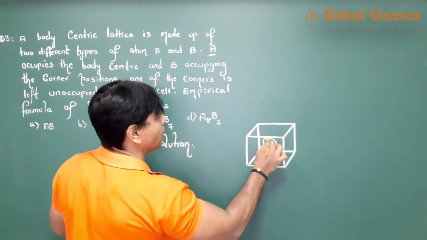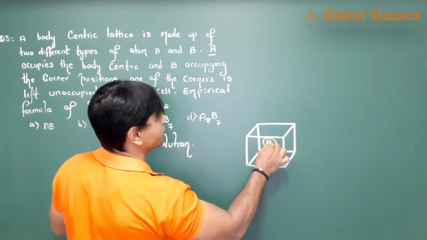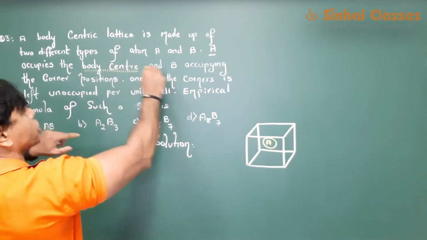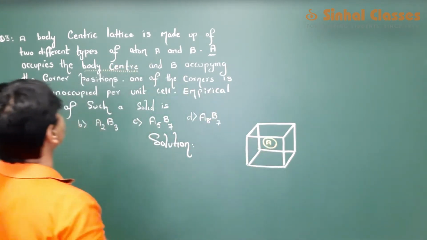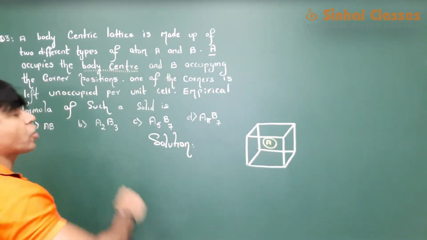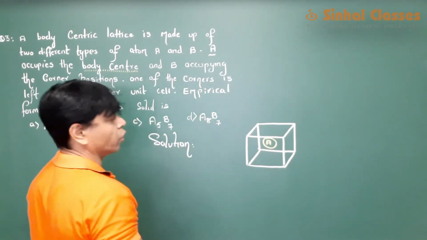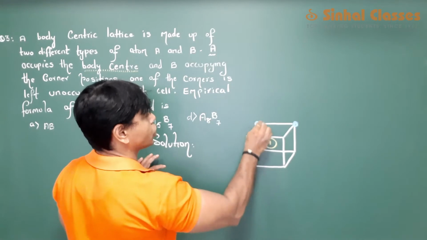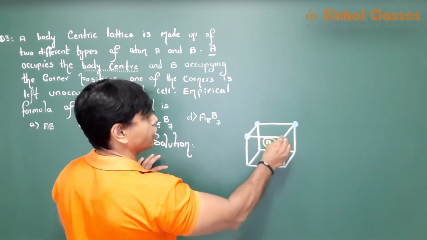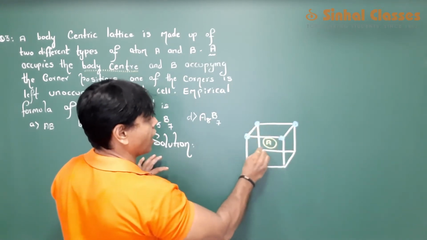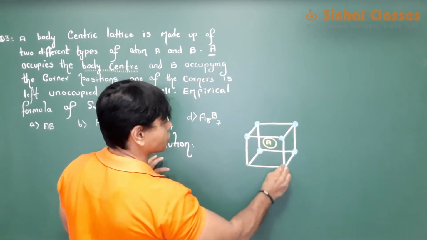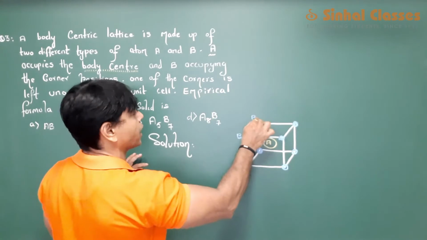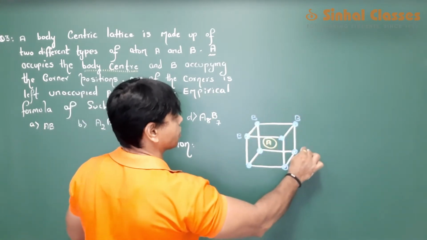Atom A occupies the body center position, so it will be in the center, and B is occupying the corners. Now how many corners do we have? 1, 2, 3, 4, 5, 6, 7, 8. So B is occupying the corners.